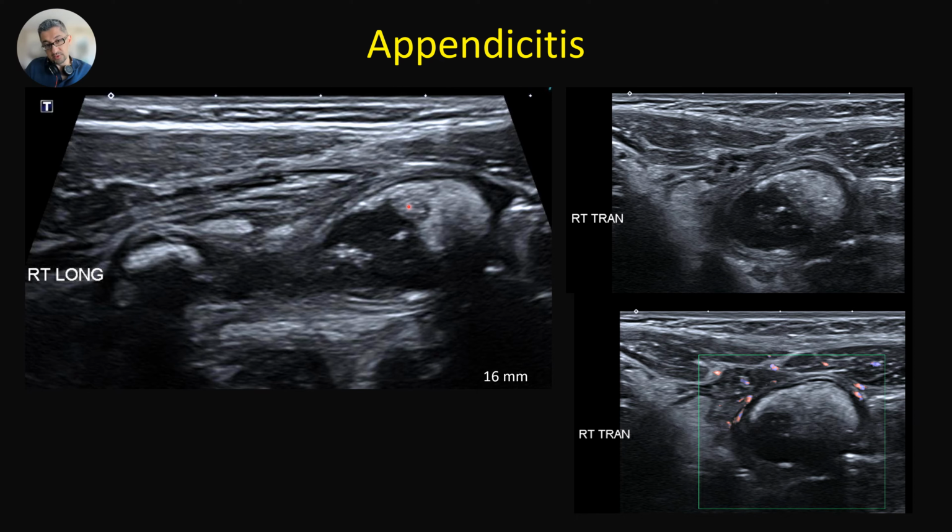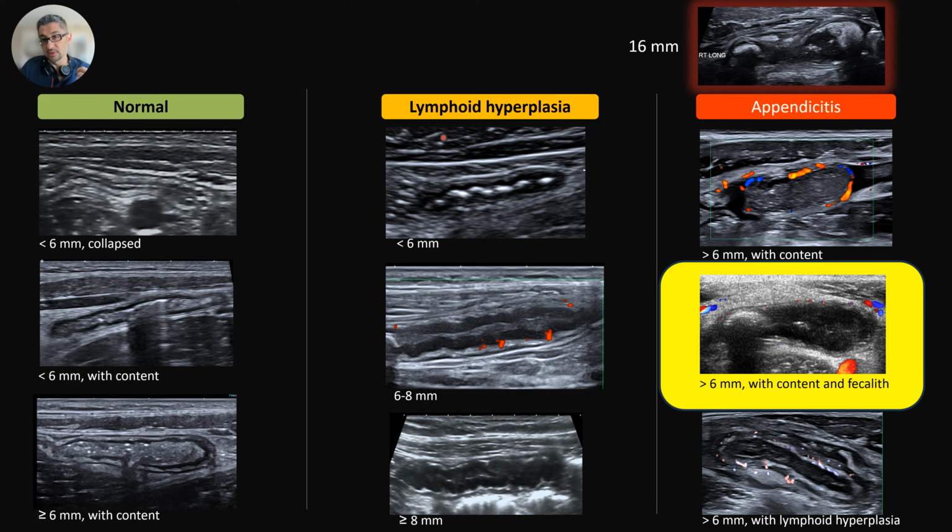And there is this echogenic content within the lumen, some increased vascularity, and this content could be hemorrhagic or just fecal material as well. So this is falling into the second category: an appendix distended, filled with content over 6 millimeters and associated with a fecalith.